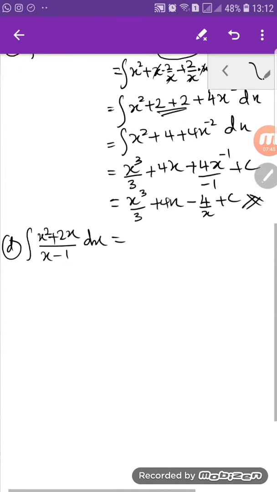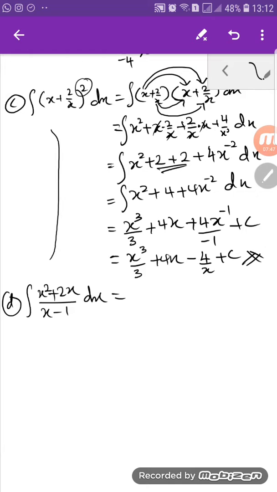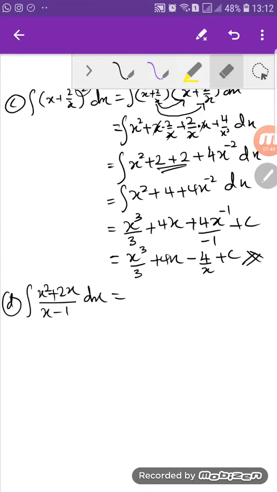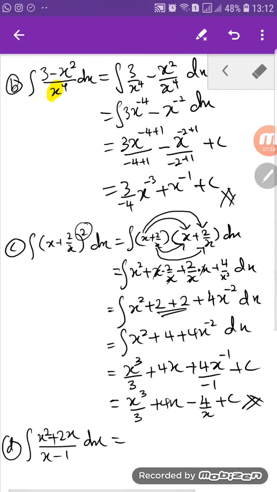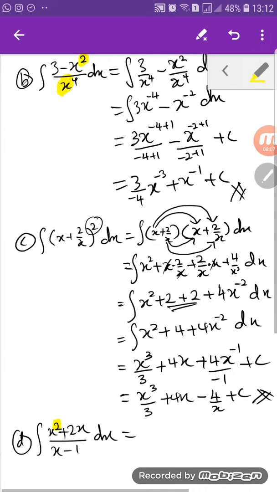Okay, in this case we have almost the same as the previous one, example B, but not exactly the same. The problem is with the power. As you can see, the power of the numerator here is 2. This is 2 also for example D, but the denominator for example B is 4.